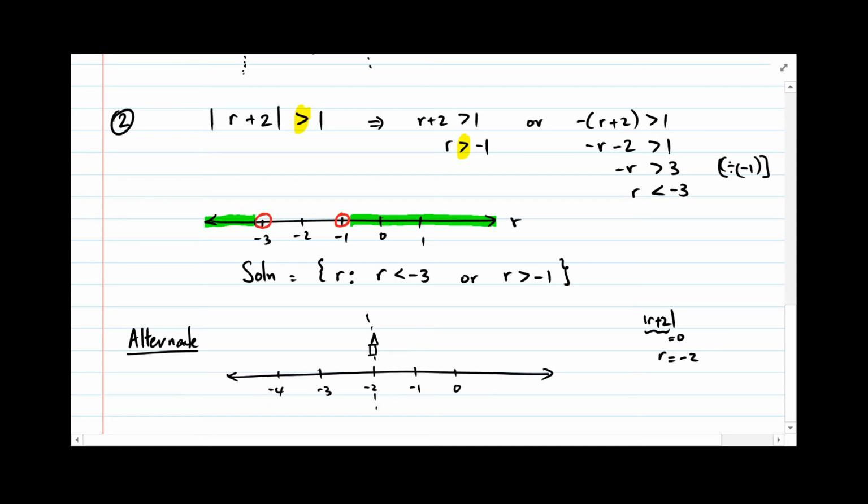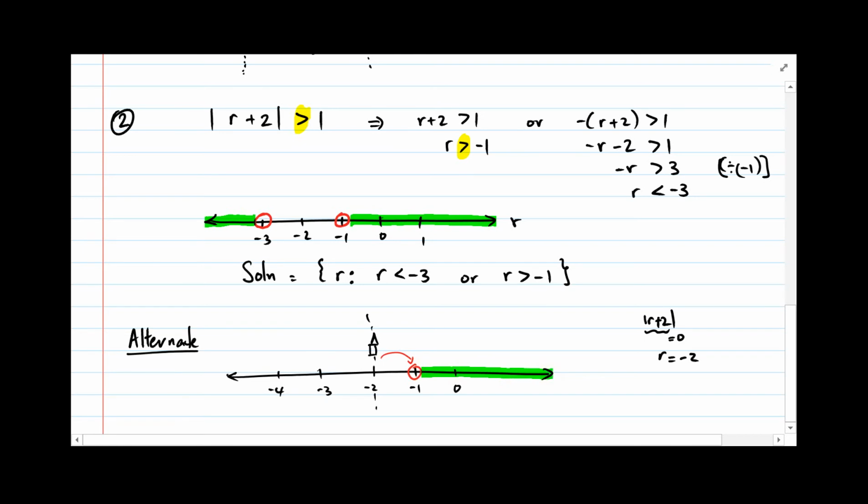If I'm supposed to go from home and move more than 1 unit, when I do that to the right, I am going above negative 1.